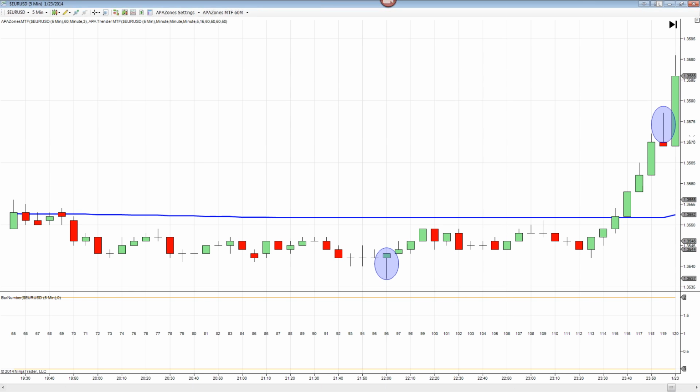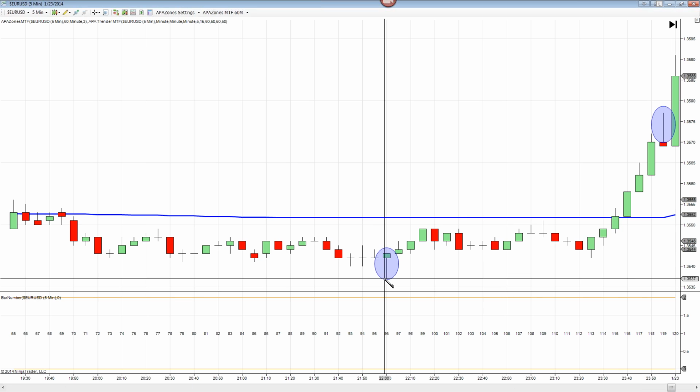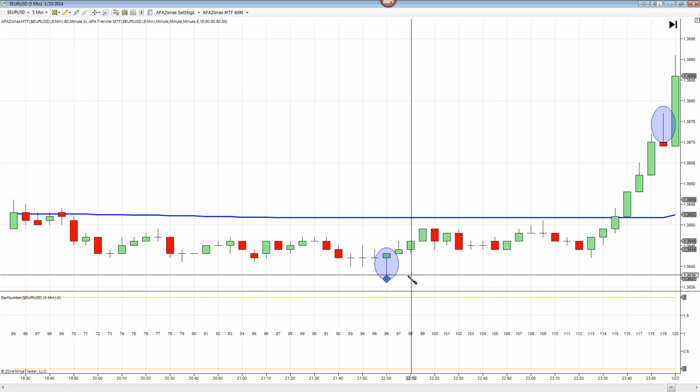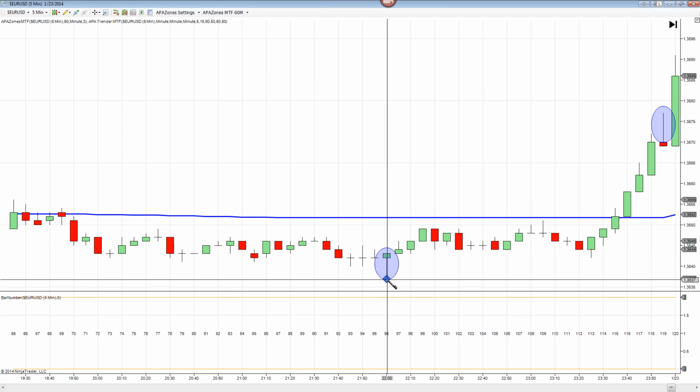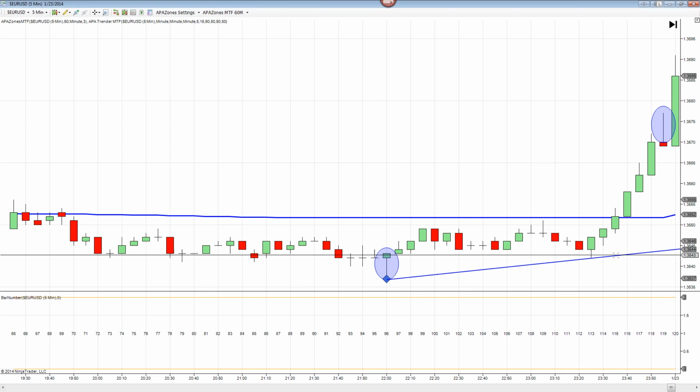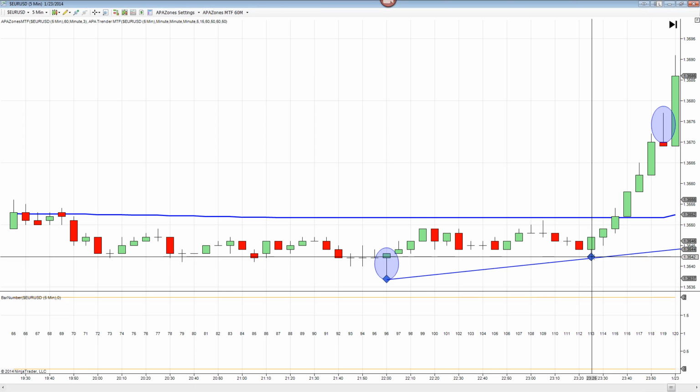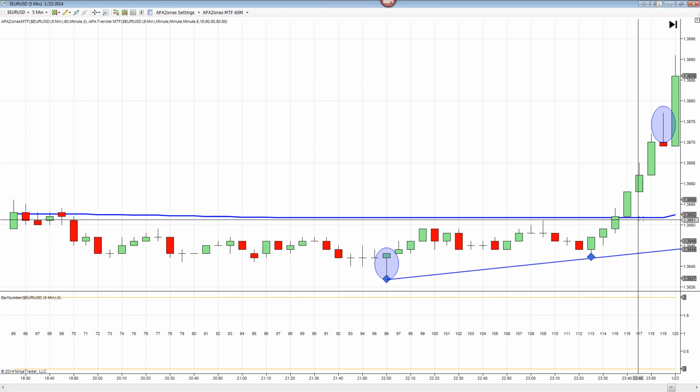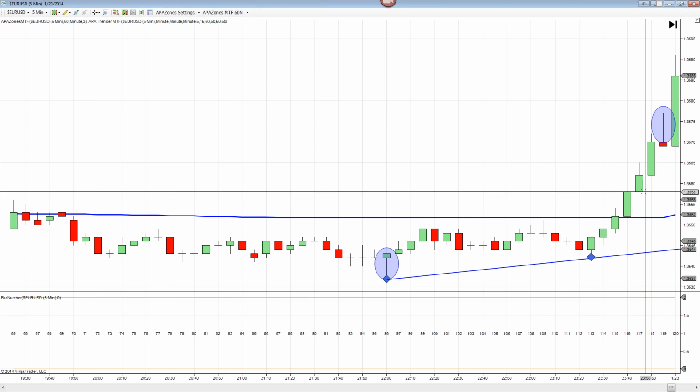But we do have a very bullish market going on. I think it would be prudent to possibly draw a trend line from this low over. Actually, that was the wrong tool. So drawing a line from that low to that low right there, and that's where my trend line goes.